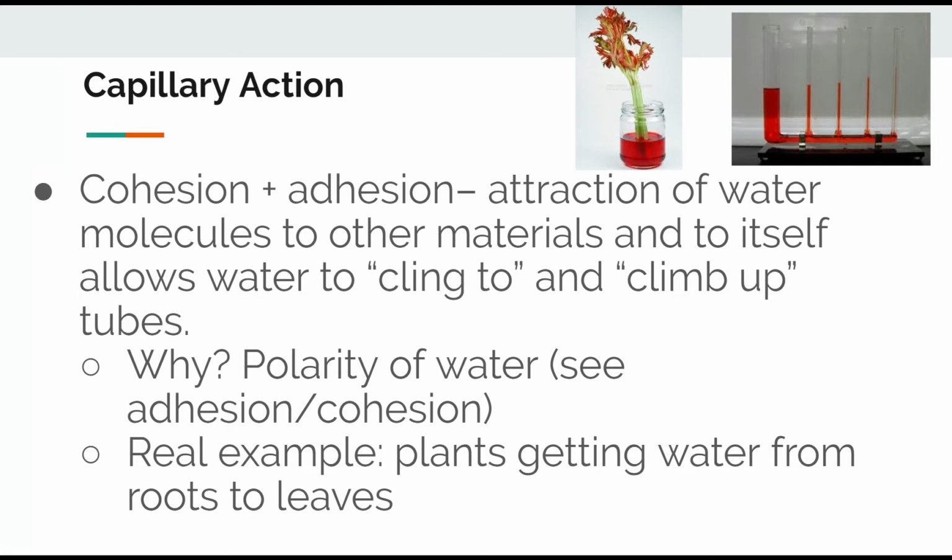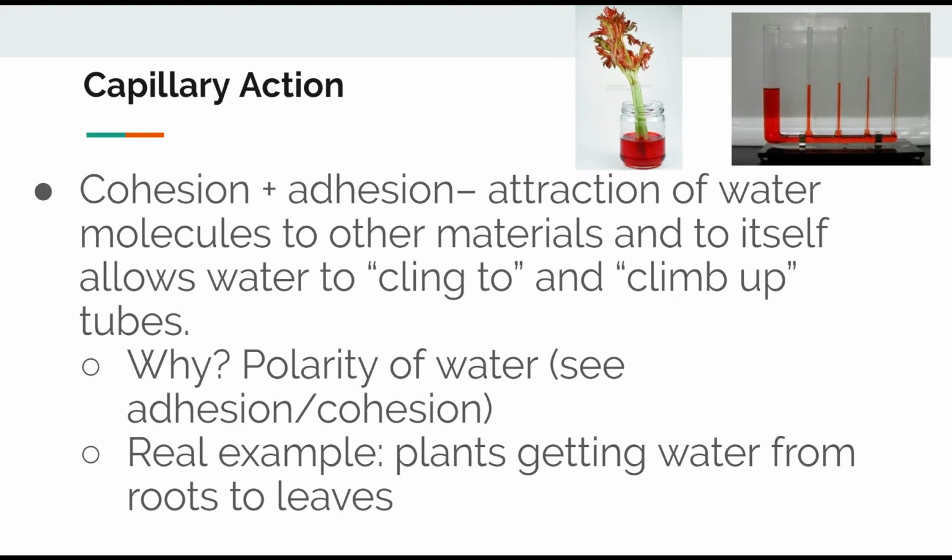The most obvious example that you've probably seen or should think about are plants. How do these giant old trees get water from the roots all the way up to the leaves? Well, there are these tiny tubes, and water is pulled up because it forms this long chain of water molecules, and it is simultaneously attracted to the tube.